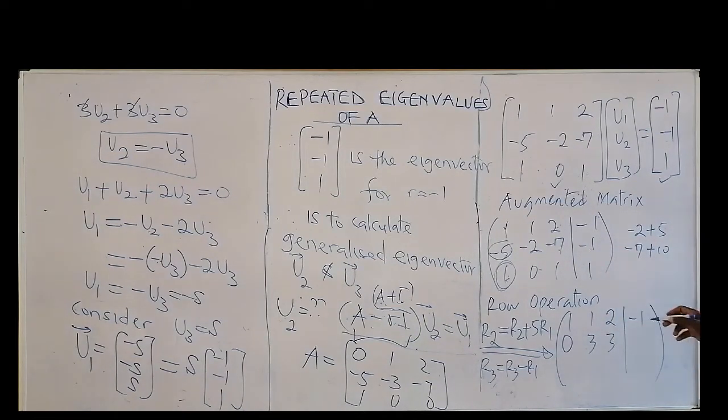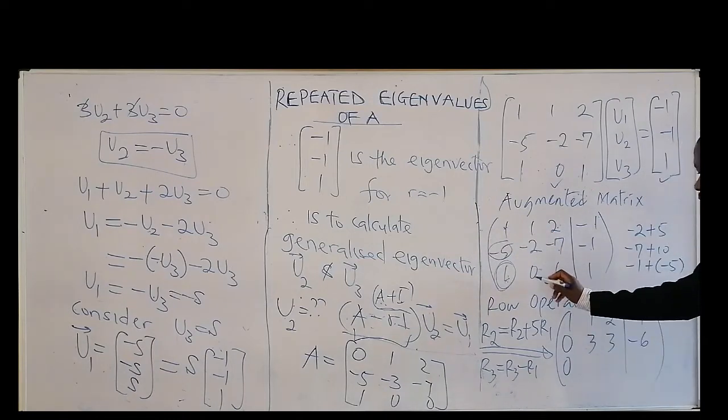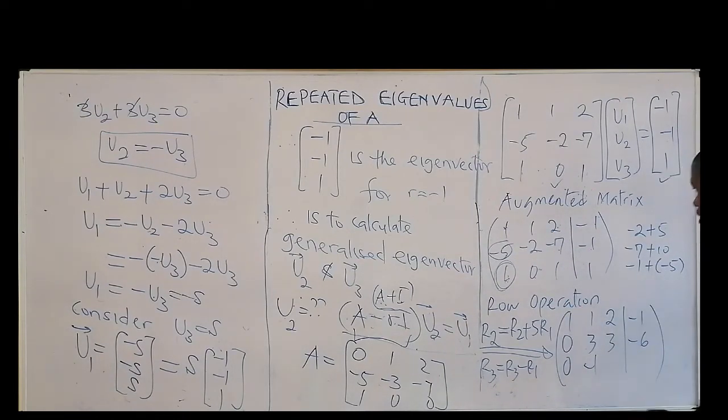Here, minus 1 plus, this one is times 5, that's minus 5, so this will be minus 6. Row 3: 1 minus 1 is 0, 0 minus 1 is minus 1, 1 minus 2 is minus 1, and 1 minus minus 1, that's 2.